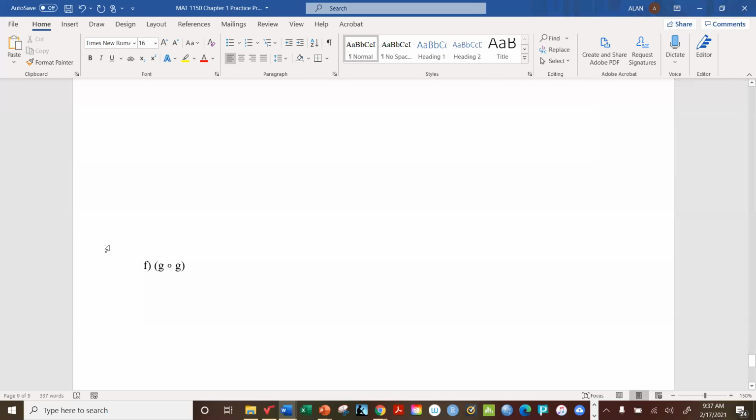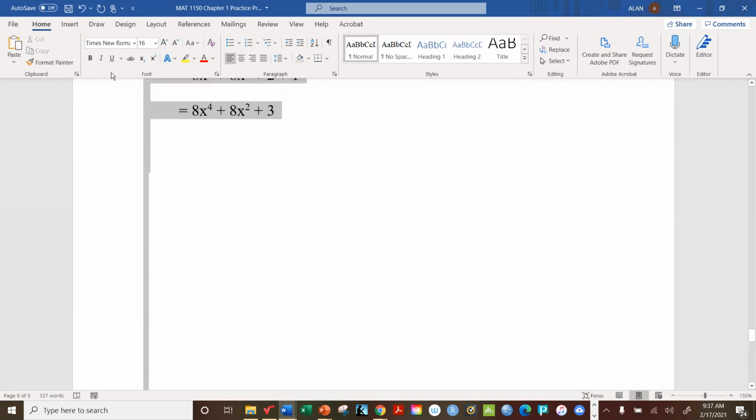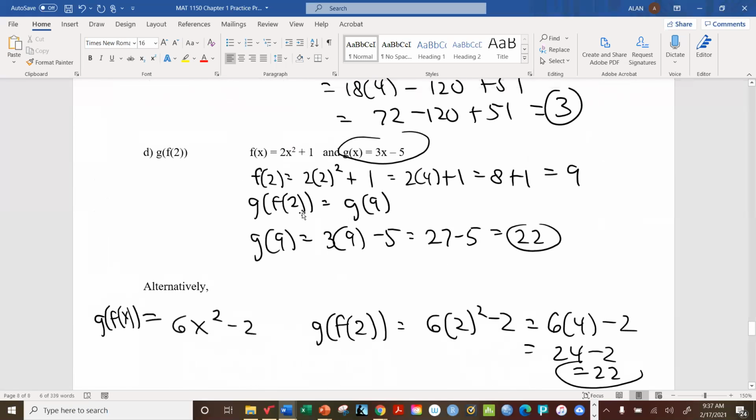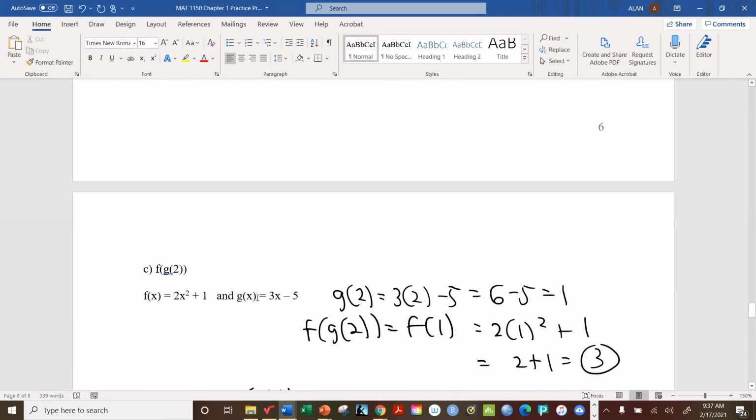There it is. It got buried after all that. G of g of x there, like that, simply stands for g of g of x. All right, let's make that a little bigger. Now, the original function g of x was from way back, here it is. This one shouldn't be too complicated.